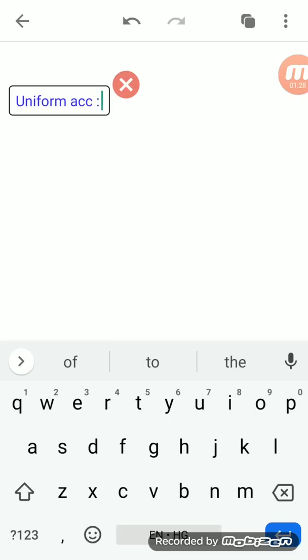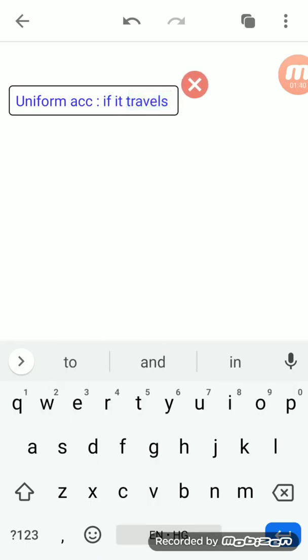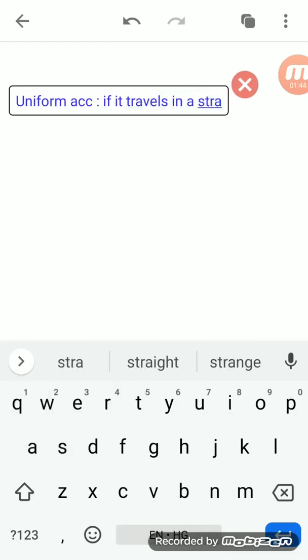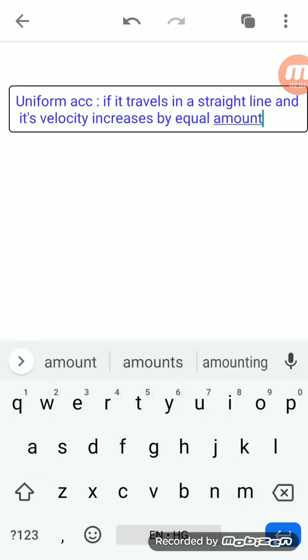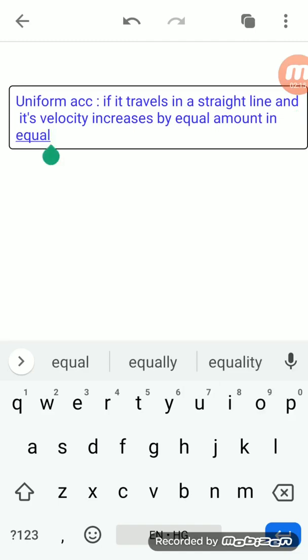So we can define uniform acceleration: a body has a uniform acceleration if it travels in a straight line and its velocity increases by equal amounts in equal intervals of time.